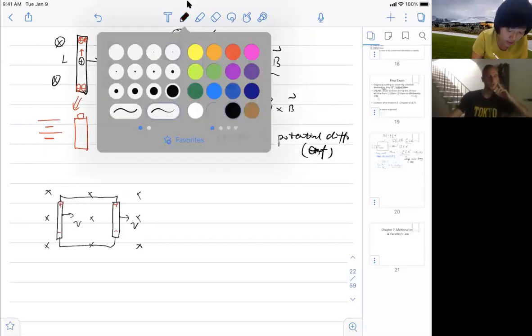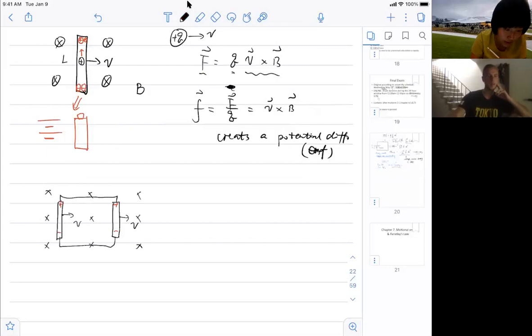So is there going to be any current inside the circuit? If I have one battery like this connected to another battery like this, is there going to be any current in here? I would argue no. Because when we connect our batteries, it is negative to positive, but not positive to positive.